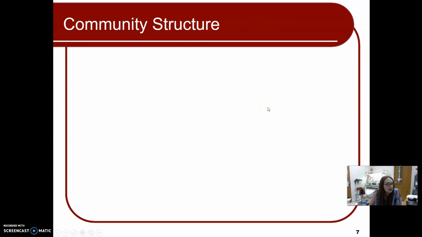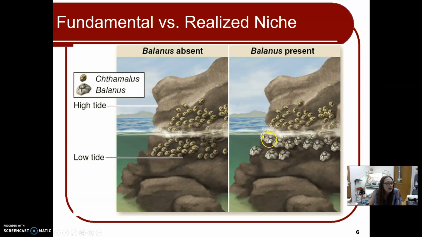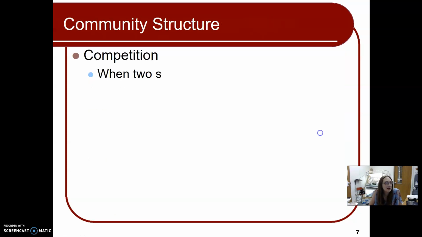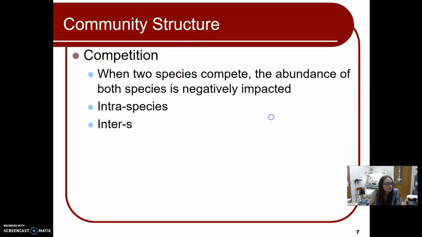So if we go back, the species here is impacted because they can't live down here. But the Balanus is impacted because these guys outcompete them up here. So both have an adverse reaction.